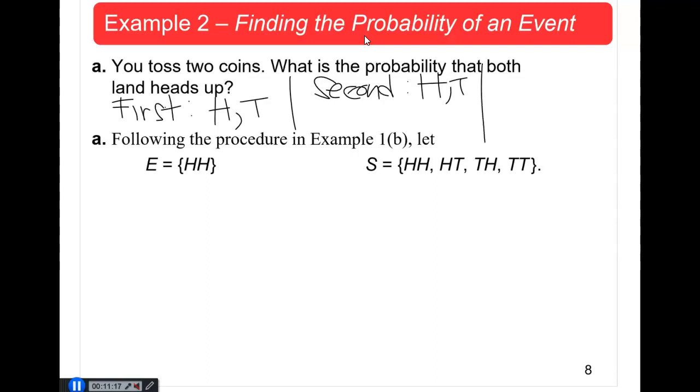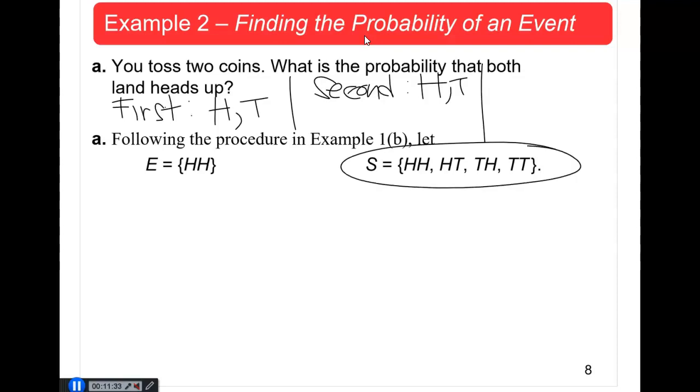But if we combine both events, meaning that we could toss both coins at the same time or one before the other, we will have 4 different combinations. And those combinations are listed here.